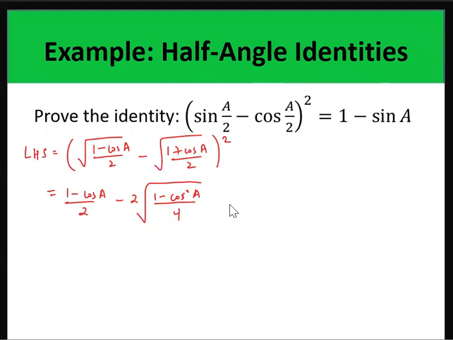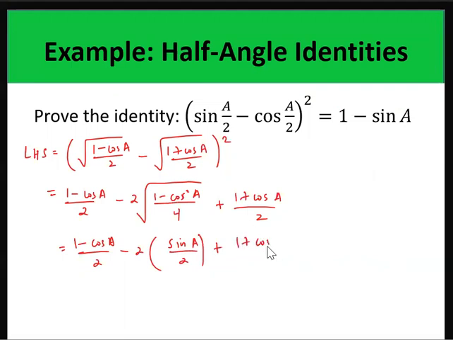And then the square of this one will be plus the fraction 1 plus cosine of A all over 2. Now, for the middle term, 1 minus cosine squared A can be replaced by sine squared A from the Pythagorean identity. So that will become minus 2 times sine of A over 2, plus 1 plus cosine of A over 2.